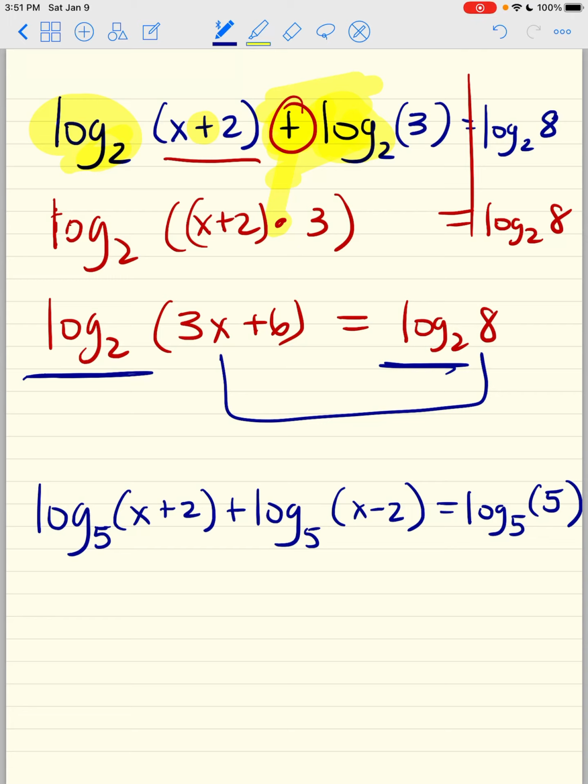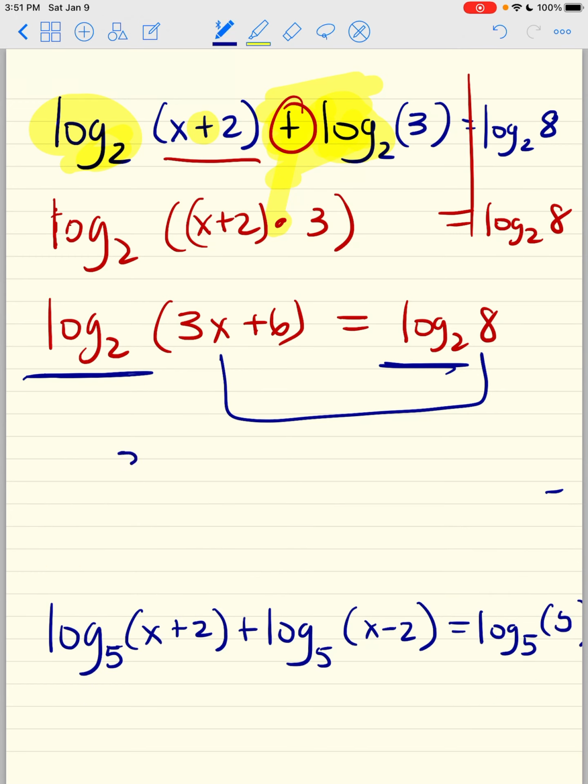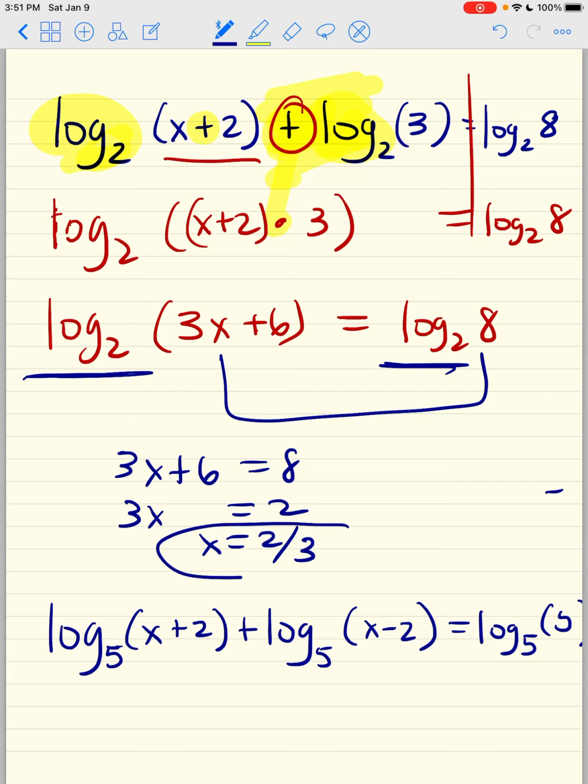Once we set those equal, we've got to be very careful because of something I did not mention. I'm going to minus 6 on both sides. You can't have negatives, okay? So right now we're safe. So that's 2/3. Okay, let's try the next one.